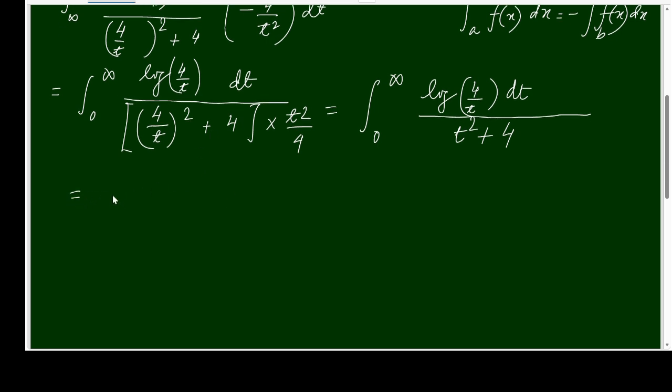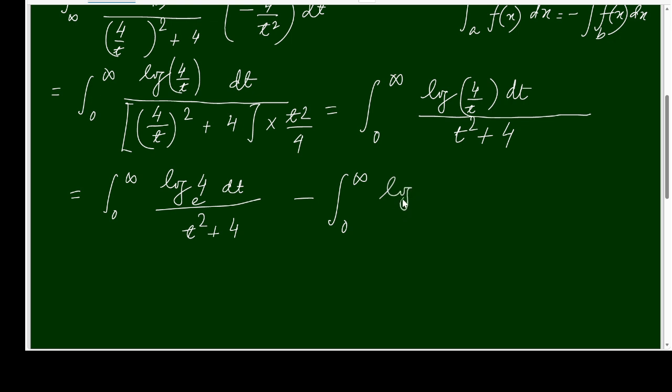So this can be written as 0 to infinity log 4 base e dt by t square plus 4 minus 0 to infinity log t base e dt by t square plus 4.